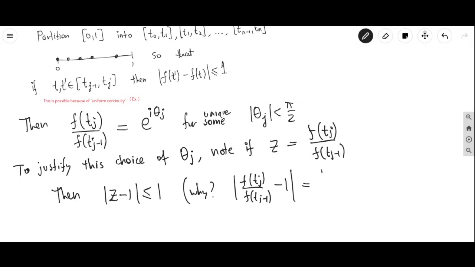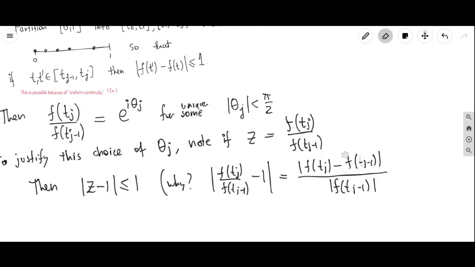If you do the fractions, this would be f of tj minus f of tj minus 1 divided by f of tj minus 1. But what do we know about adjacent points in the partition? They're bounded by 1. So the numerator is bounded by 1, and the denominator is a point on the unit circle, so that's 1. So you have this inequality, that |z minus 1|, whatever that ratio is, is less than or equal to 1.